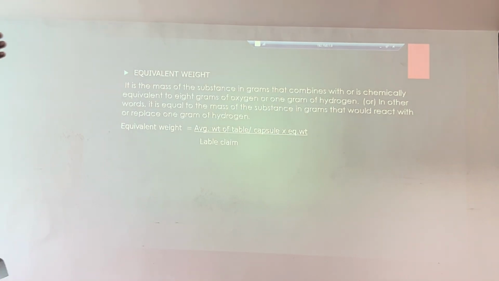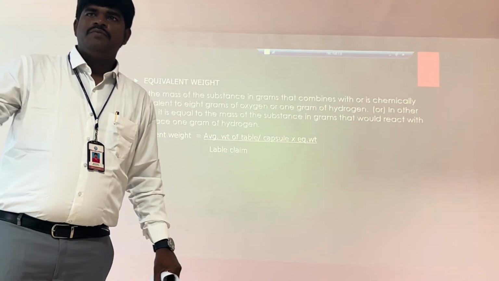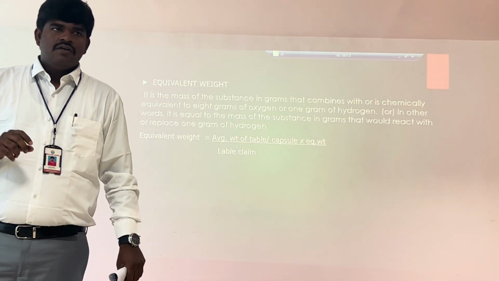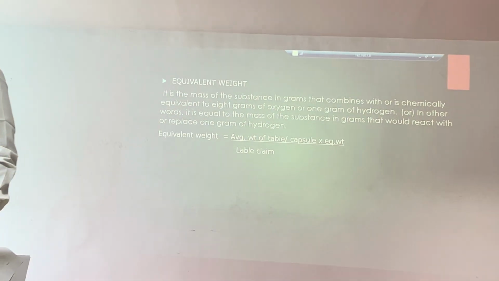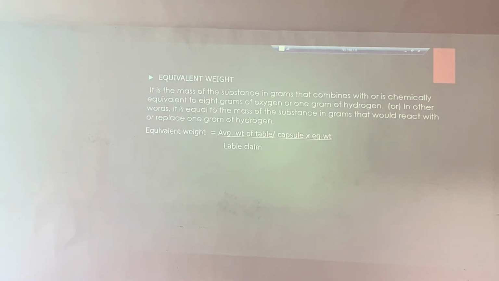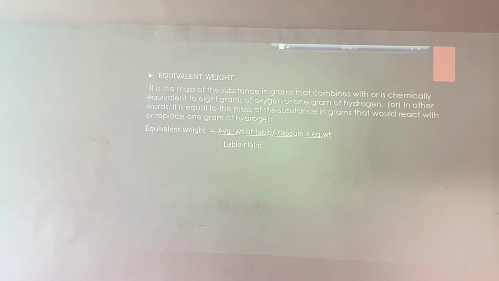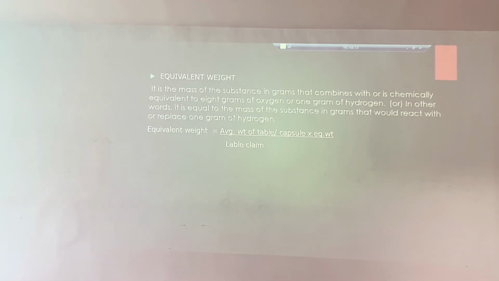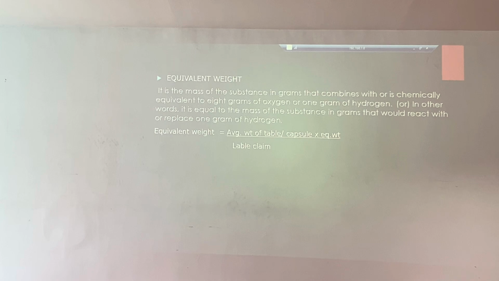For example, your tablet weight is 400 mg, but the actual tablet contains only 25 mg of the drug. In those cases, if it is given as equivalent to 20 mg, you should always take the average weight of the tablet or capsule multiplied by the equivalent weight, divided by the label claim. Then you will get how much quantity of the powder you need to take.